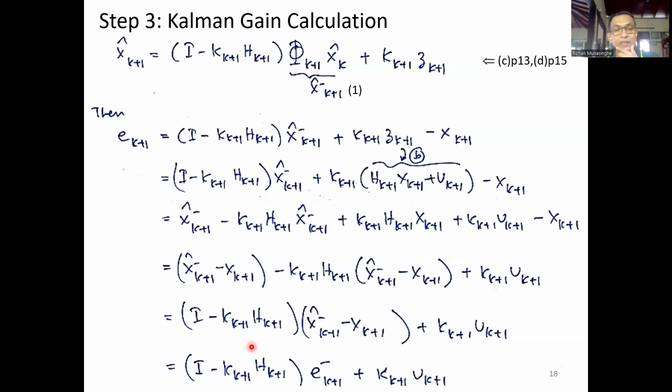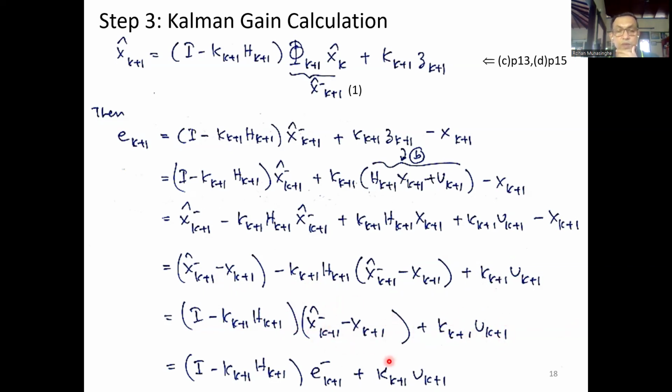Now you can see that both of these terms have this common term, x hat minus k plus 1 minus x k plus 1. Same over here. You combine these two together and from the first one, you get the identity matrix minus KH, plus K times v k plus 1.